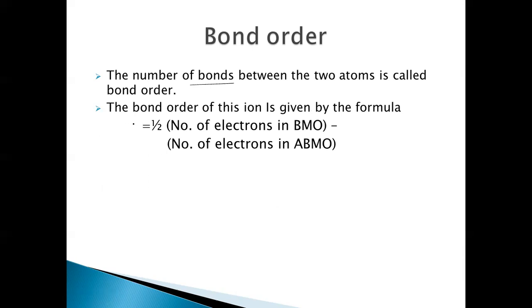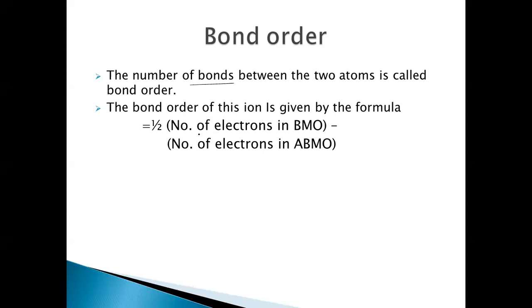It is given by the formula: half into the number of electrons in bonding molecular orbitals minus the number of electrons in the anti-bonding molecular orbitals, or half of the difference between the electrons in the bonding molecular orbitals in the valence shell and the electrons in the anti-bonding molecular orbitals in the valence shell.